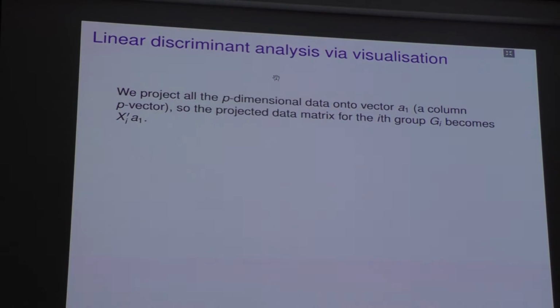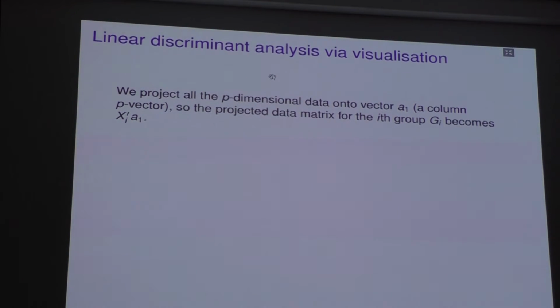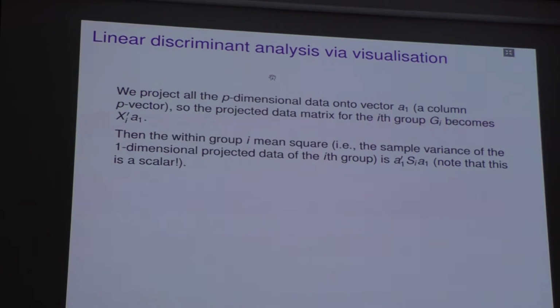Okay, so Xi dash is an ni by p matrix, and then we're multiplying by a, which is a p by 1 vector. When we multiply Xi dash by a, that means we're taking a linear combination of all the variables of everything in the group i, and finding a single number out for every observation.